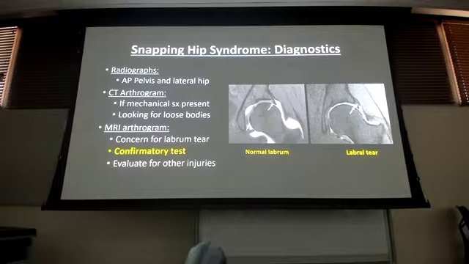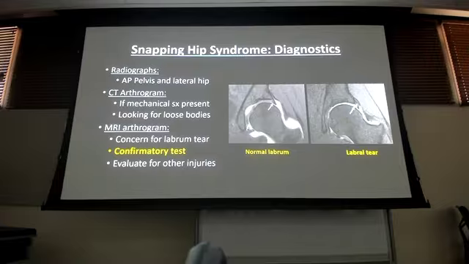Getting back to the concept we talked about yesterday, if somebody presents and you think they have snapping hip syndrome, but you're concerned about proximal femur pathology as well, not only are you going to get an AP pelvis and hip view, but you might also get a femur view. Because are the femur views better at looking at the femoral neck? Yes. Okay, the answer is always yes.